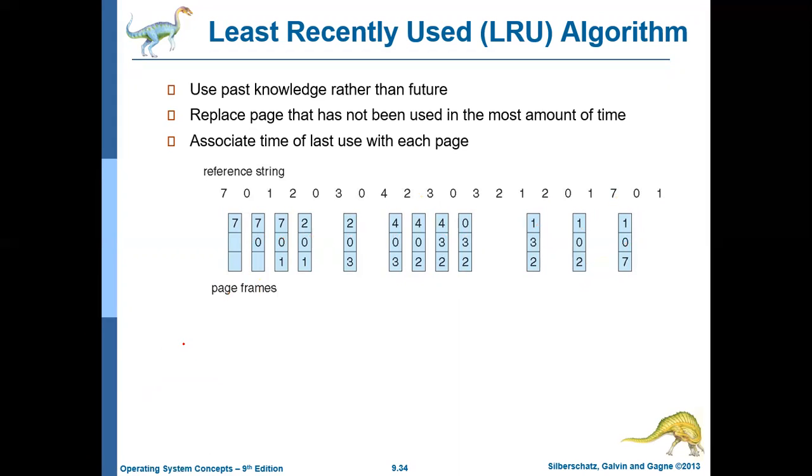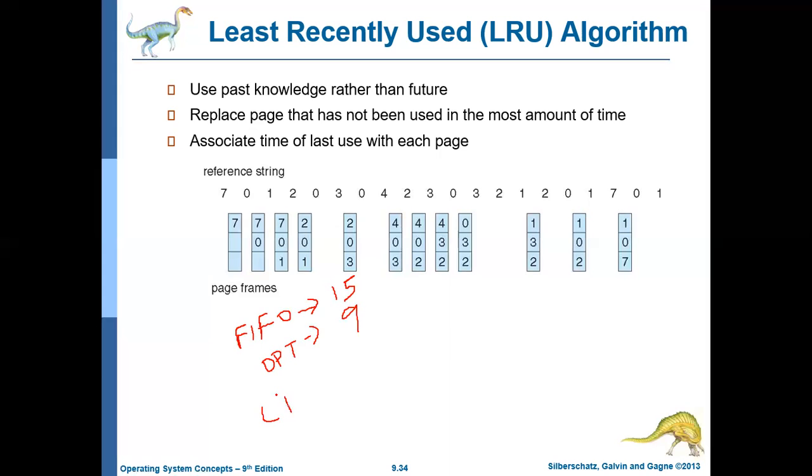Okay. So if you compare all the three algorithms, FIFO has created 15 page faults, optimal page replacement algorithm has created 9 page faults, and LRU has created 12 page faults.